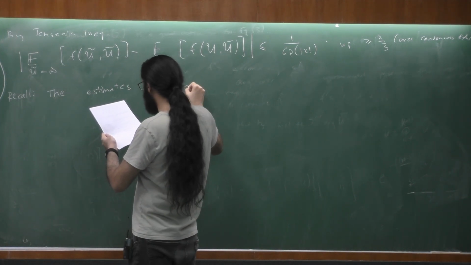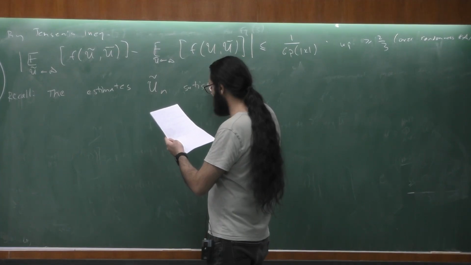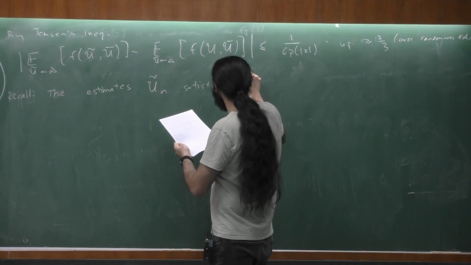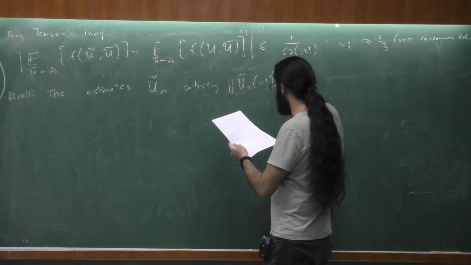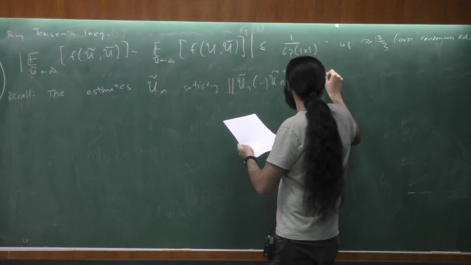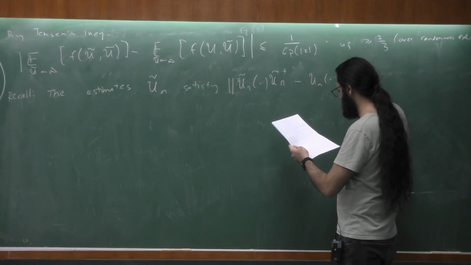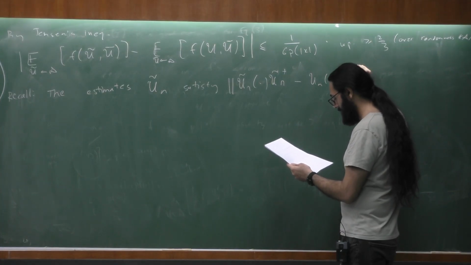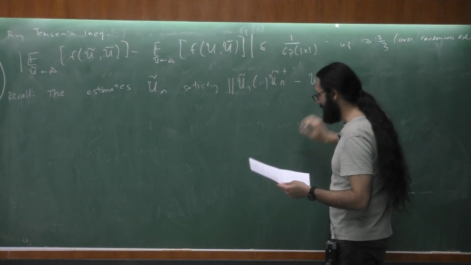Okay, so these estimates u tilde n satisfy u tilde n dagger minus un dagger. Oh, okay. Sorry.